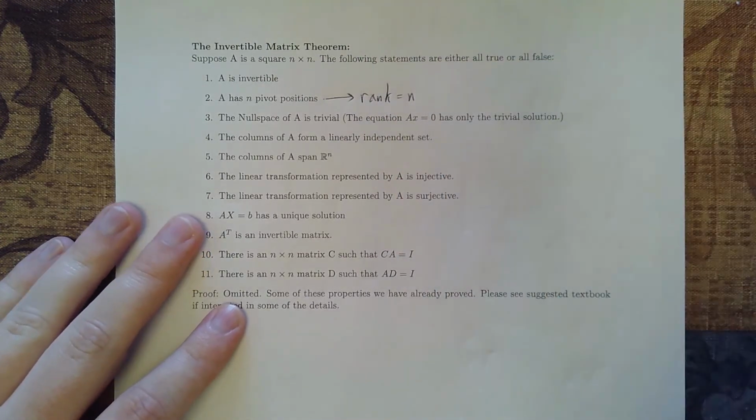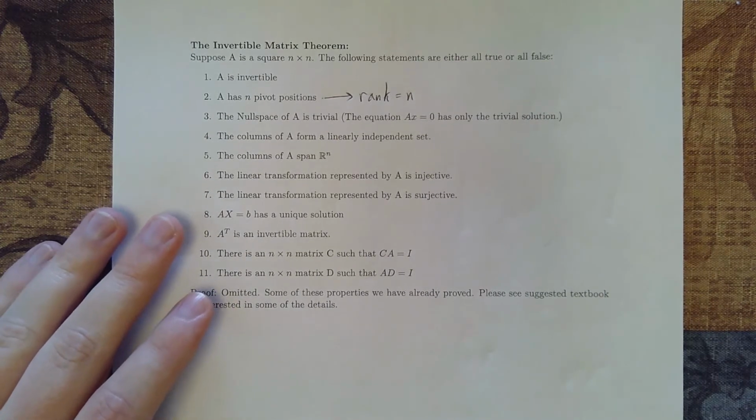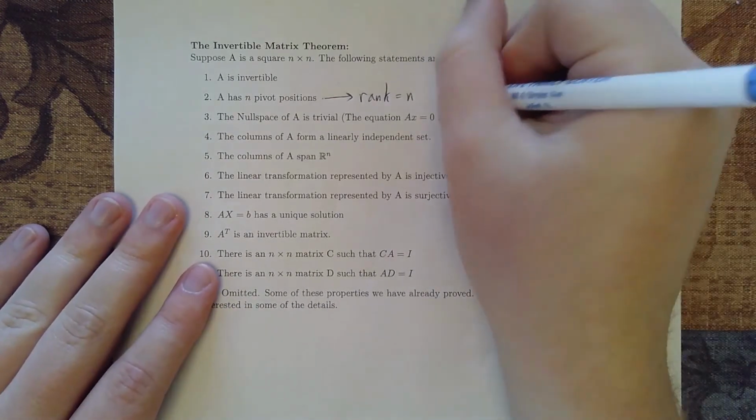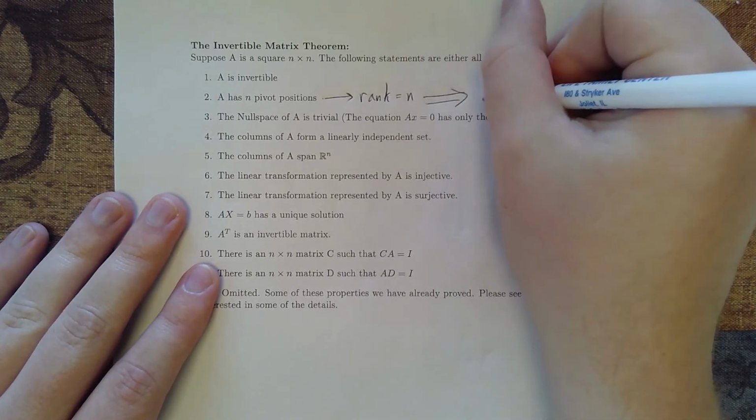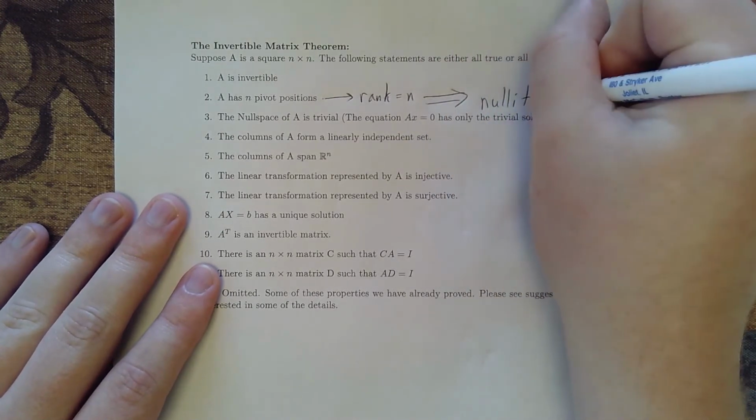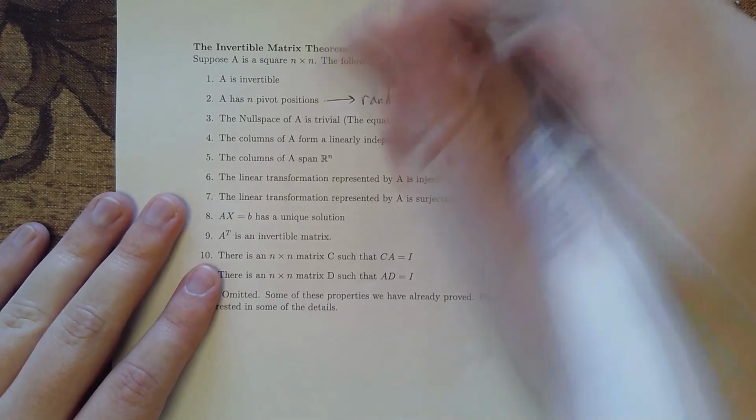And because of the rank nullity theorem, from an n by n matrix, this tells us that we have a nullity of 0.